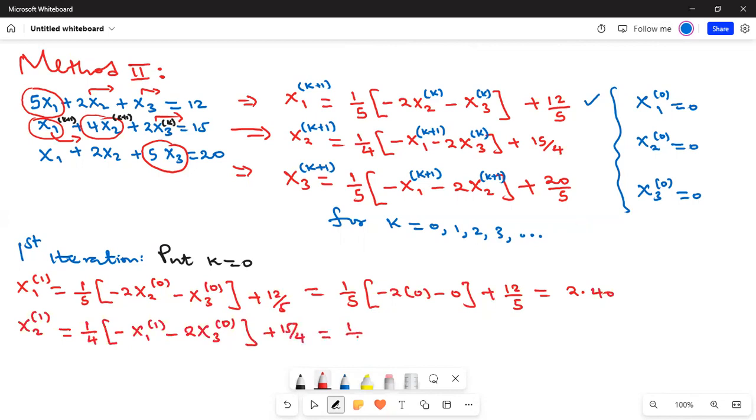That is 1 over 4 negative 2.4 minus 2 times 0 plus 15 over 4. When you press that, you need to get the value of x2 at level 1 to be 3.15.